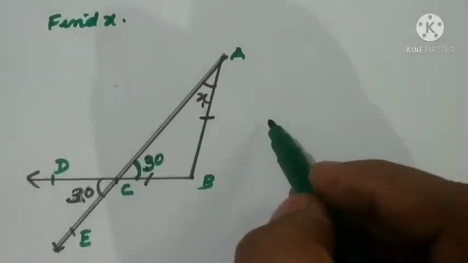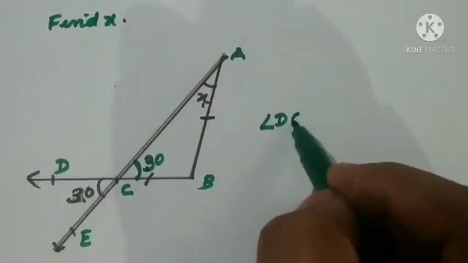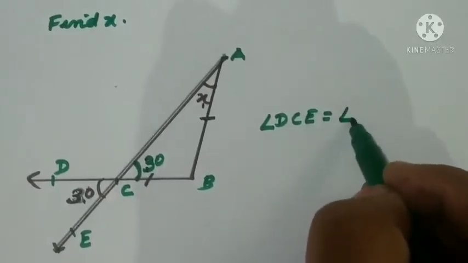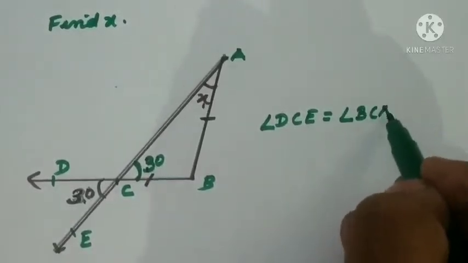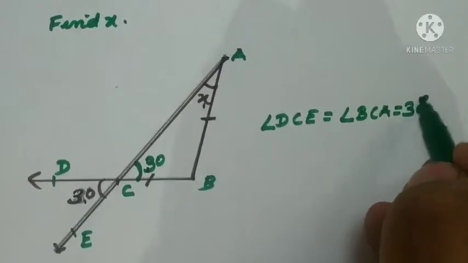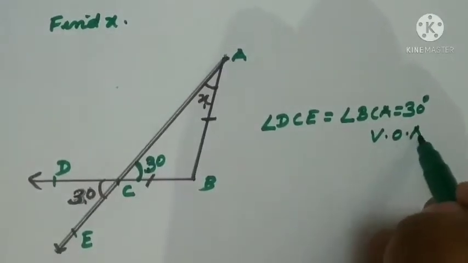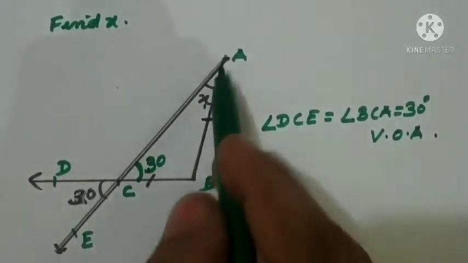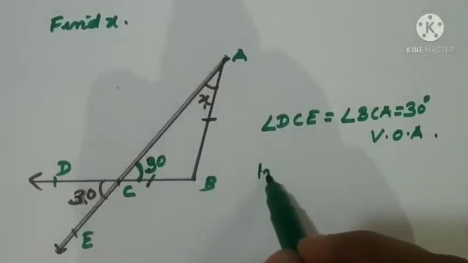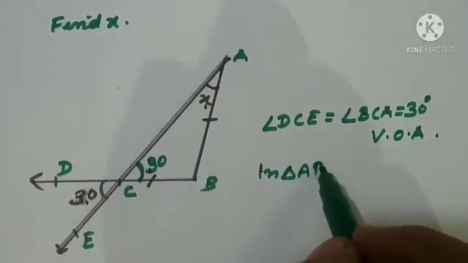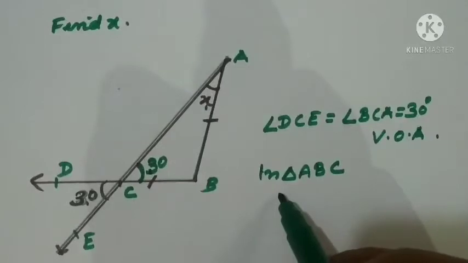So what name can we give here? Angle DCE equal to angle BCA equal to 30. Reason: vertically opposite angles. Now in triangle ABC, which are the equal sides?